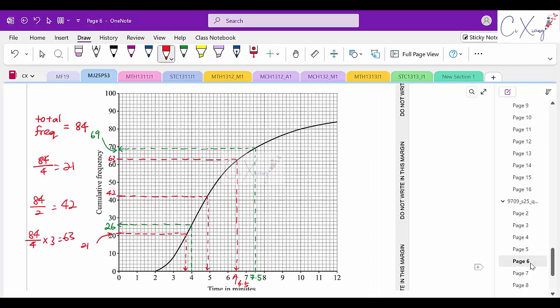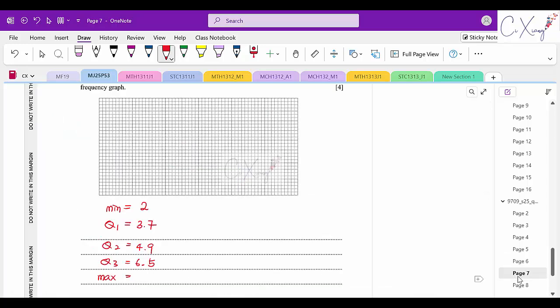Then lastly, let us look at the maximum point. Where did the graph stop? The graph stopped at the last value for x, which I write out here. Therefore, when you want to draw a box and whisker plot, these are the 5 numbers you have to prepare before you can draw it out.